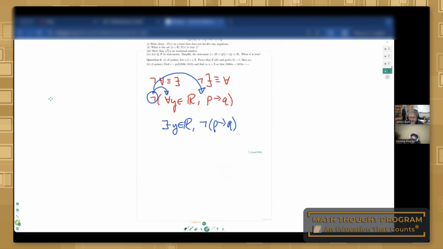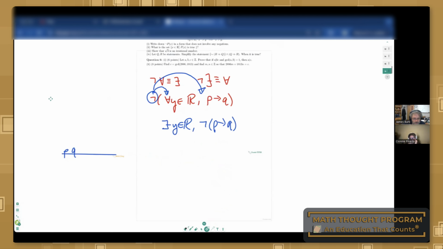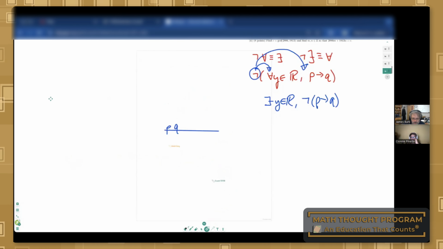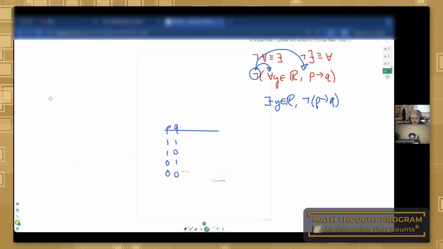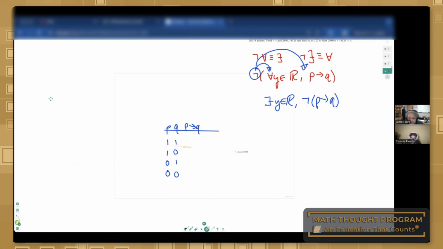But I've got a question for you real fast. If I look at a truth table for a moment, let's say I have P and Q, and instead of saying T's and F's, let me say ones and zeros: one for true and zero for false. If you have P implies Q, if you have truth implies truth, that's true.